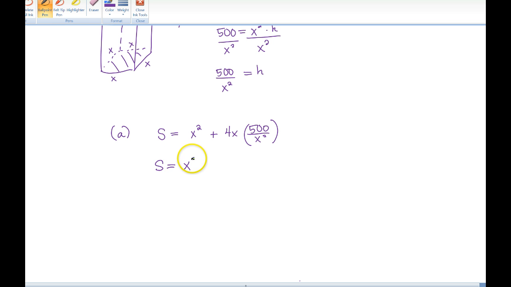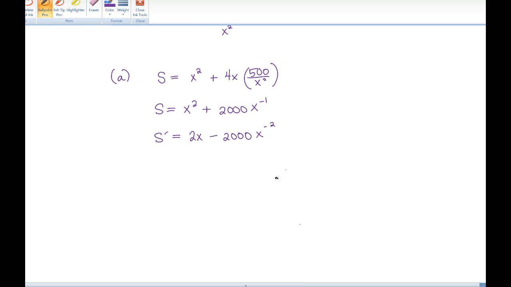So we have x squared plus 2,000 x to the negative 1. I'm going to do the derivative: 2x minus 2,000 x to the negative 2. We want to set this equal to 0 to find the critical points.